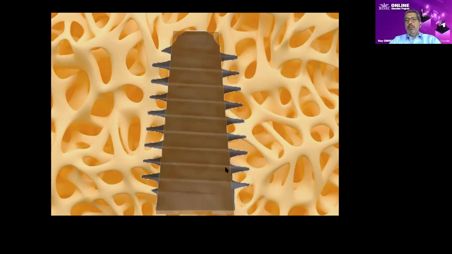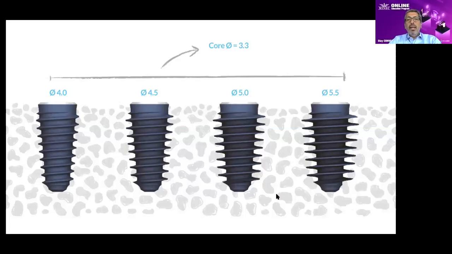This is where the maximum pressure usually gets to the bone. And we will have very thin threads that can achieve a very good stability. So by drilling to 3.3 millimeter, you see that we can use 4 different designs of implants. One that has very small threads, and obviously this is the one that you can use in hard bone, and one that has very deep threads, and this is the type of implant that we can use in soft bone.